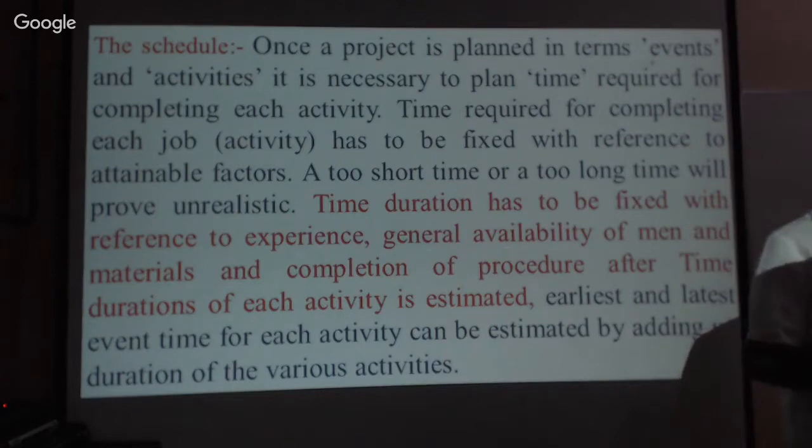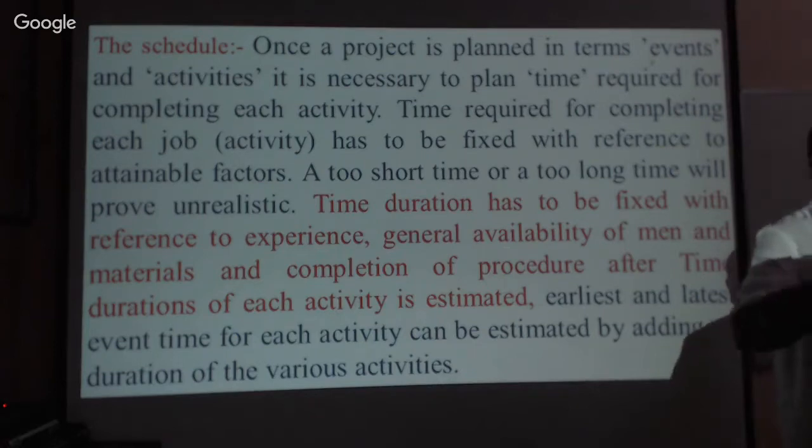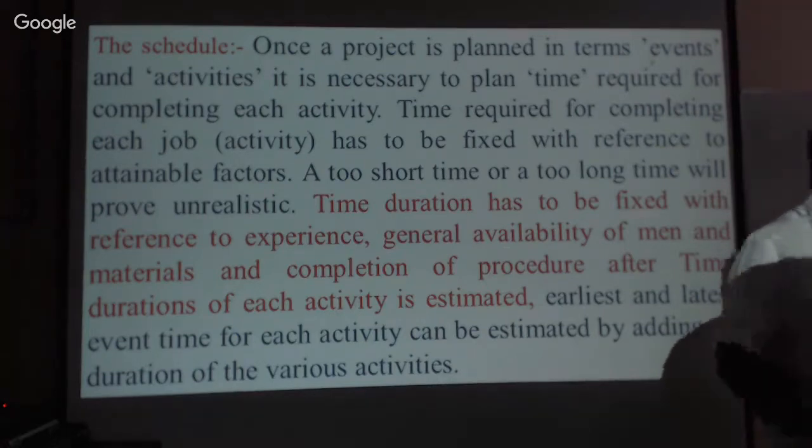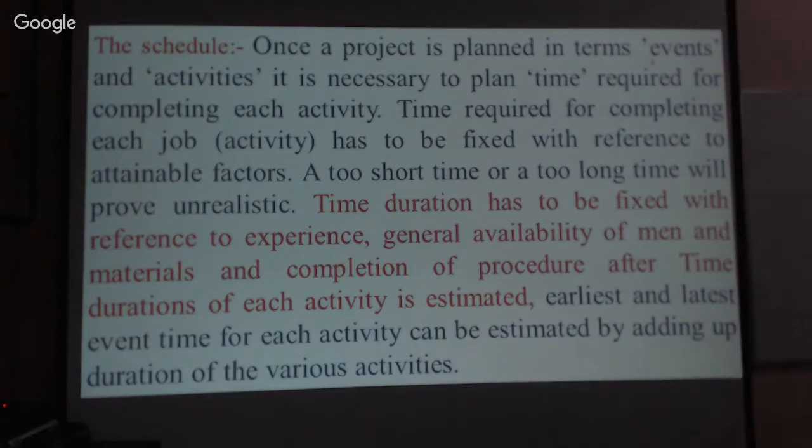Therefore, for each activity you have to plan the time required to complete it. Each and every activity you have to plan properly, then execute it and complete it. Then we can become the best project manager or best civil engineer. Then the earliest and latest event time for each activity can be estimated by adding up the durations of the various activities. Now we'll see how to do this.